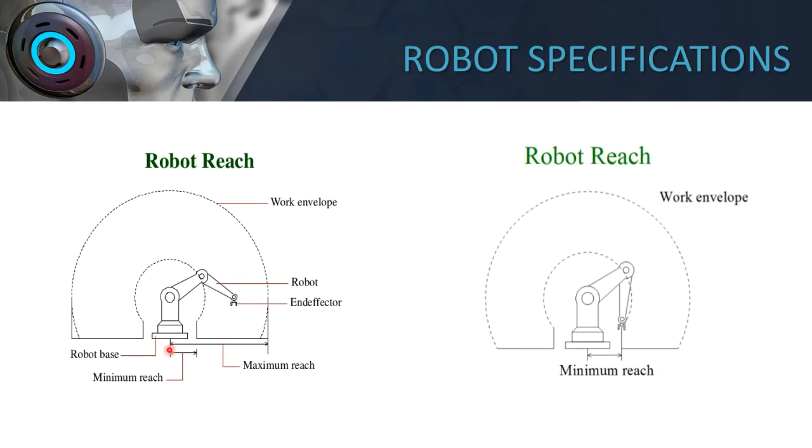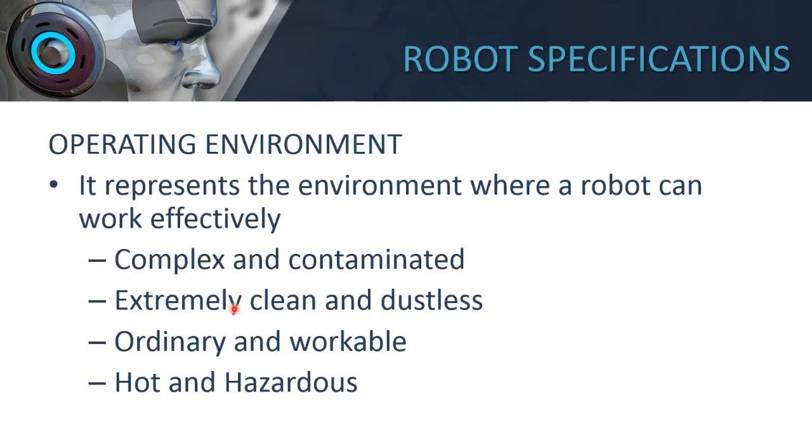From the center of the robot to the end where the wrist can reach, that is called maximum reach. Whereas the stroke is the distance from the end of the end effector to the corresponding link, only up to here will give you the stroke of the robot. So that is robot reach and the stroke.